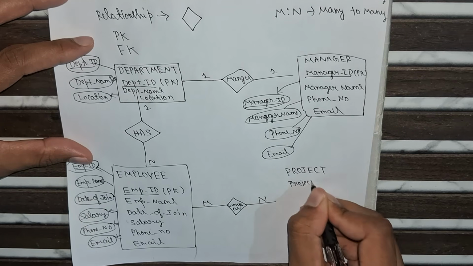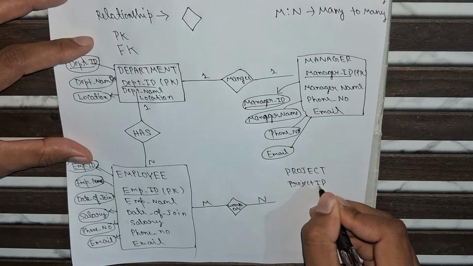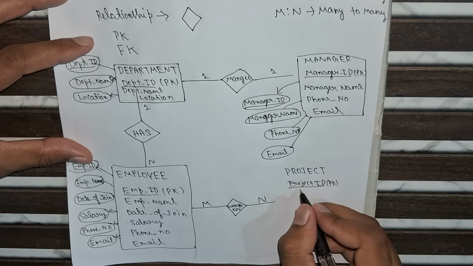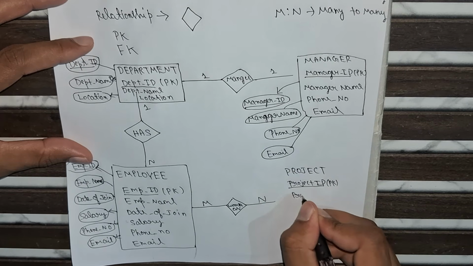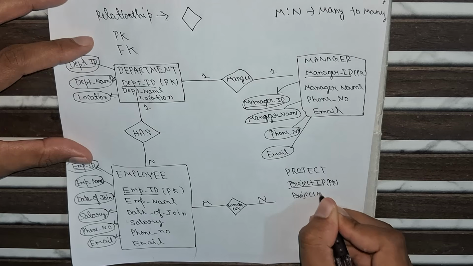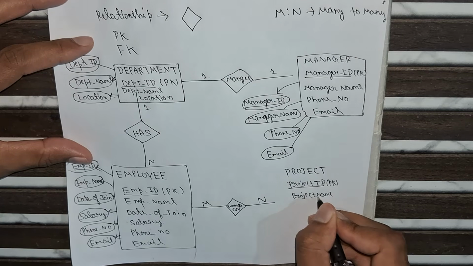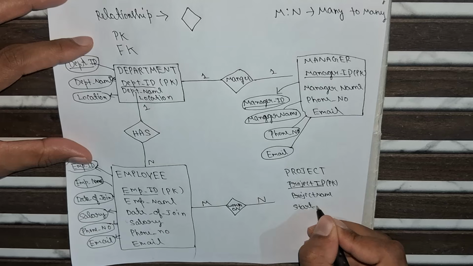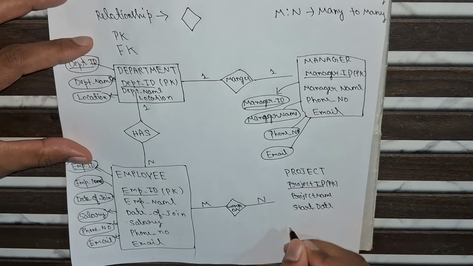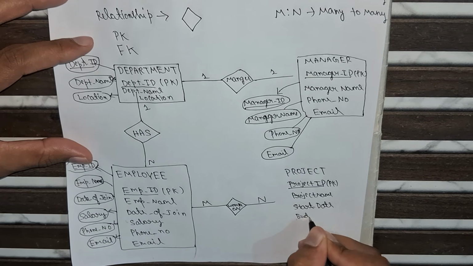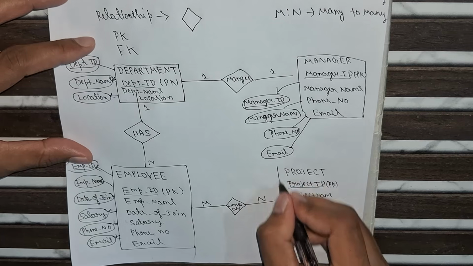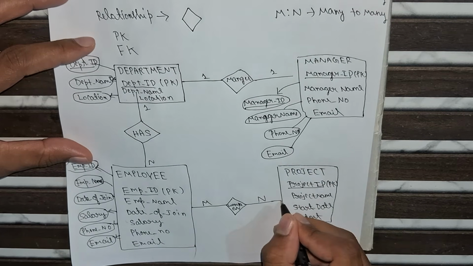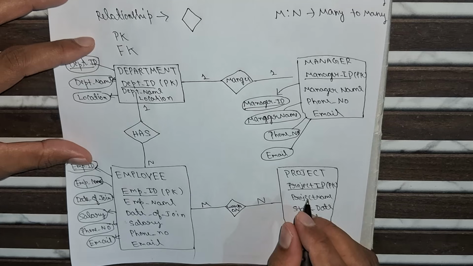Project ID, which is a primary key, so PK and underline this. And then project name, the name of the project on which the employees are working. Then start date of the project. Then what's the budget of the project? These are the attributes, under square or rectangular shape.